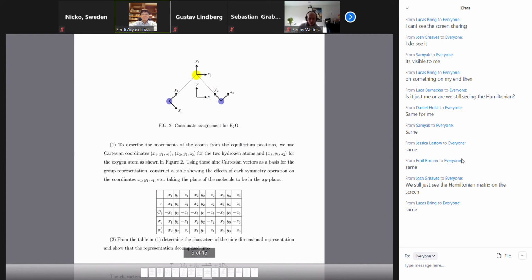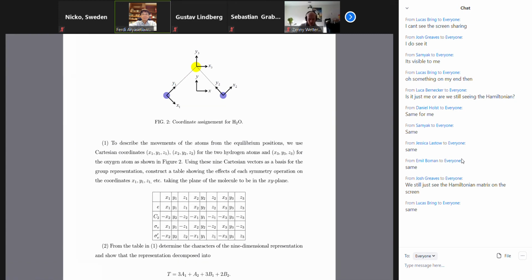So again, for this molecule, we assign Cartesian coordinates. For analyzing the molecular vibrations, we always have to assign these coordinate systems, not some arbitrary functions, but these Cartesian coordinates, because we want to study the vibrations of the atoms.